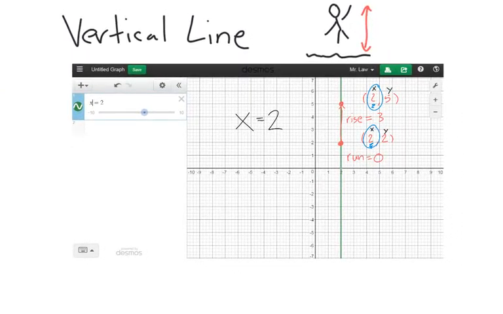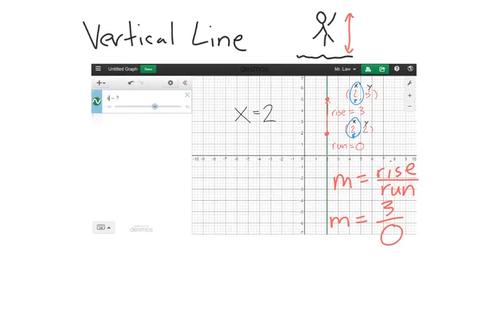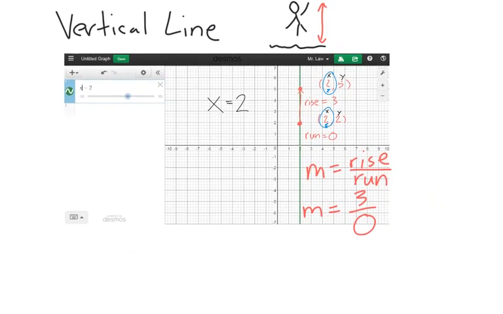So you should have your slope equation memorized by now. Slope is equal to rise over run. You plug your numbers in, your rise is 3, and your run is 0. I want you right now to go ahead and plug this into your calculator. If you plug this into your calculator, you won't get an answer.